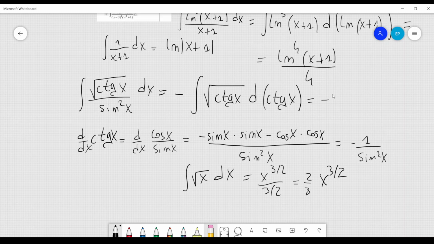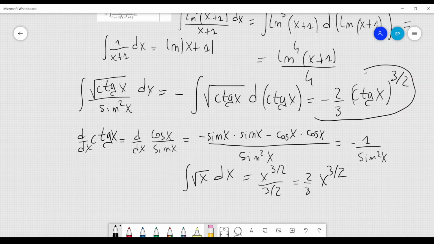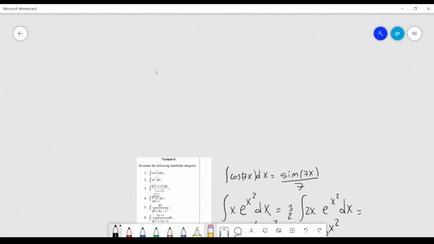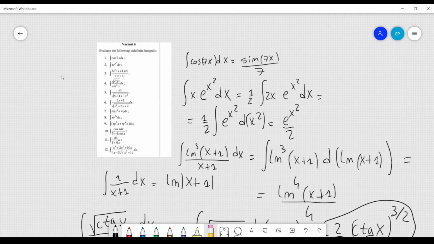Therefore this is minus 2/3 cotangent of x to the 3 halves. That's easy to say. So this is the solution of the last integral that we did in this lecture, the fourth one, and from the next lecture we are going to do some more complicated integrals, starting from number 5.